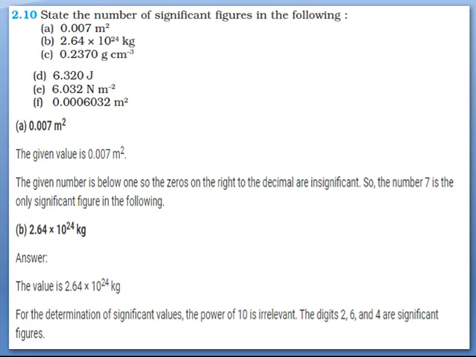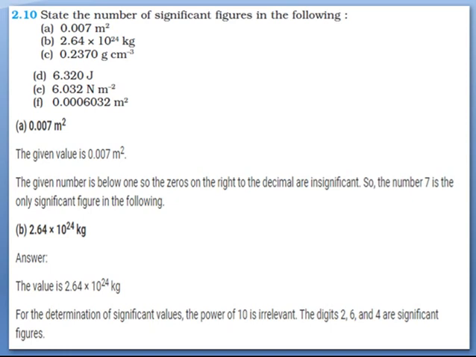See, the given number is below 1, so the zeros to the right of the decimal are insignificant. So the number 7 is the only significant figure. So there is only one significant figure in this.